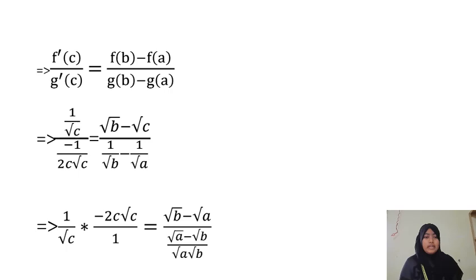Here we are going to take the reciprocal of the denominator on the left side: 1 by root c into minus 2 c root c by 1 equals root b minus root a by, here we are doing the LCM, so cross multiplication, root a minus root b by root ab.